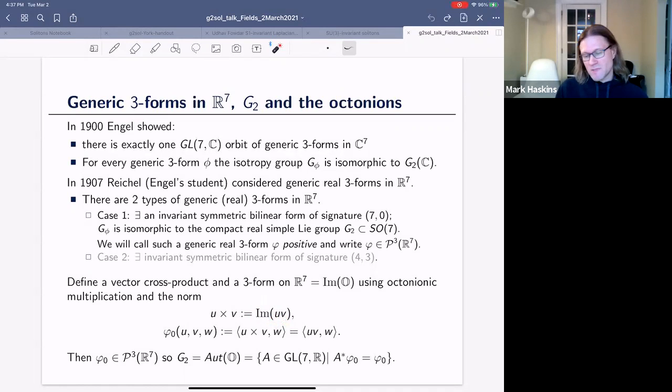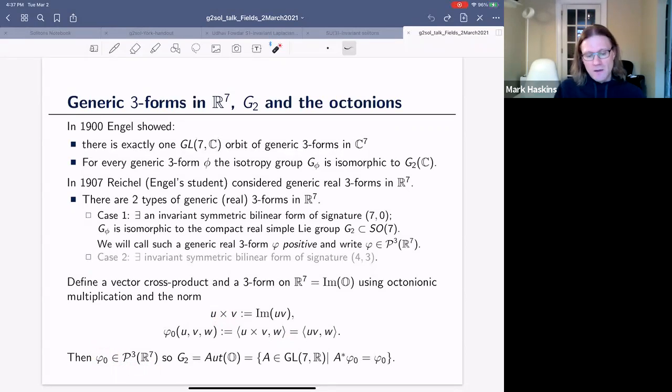But since the octonions are also a normed division algebra, out of the norm I polarize and get the inner product. So I can also form a 3 form by taking the cross product of 2 elements and then its inner product with a 3rd one. That gives me a 3 form constructed out of the cross product and the metric, and this 3 form is a positive 3 form.